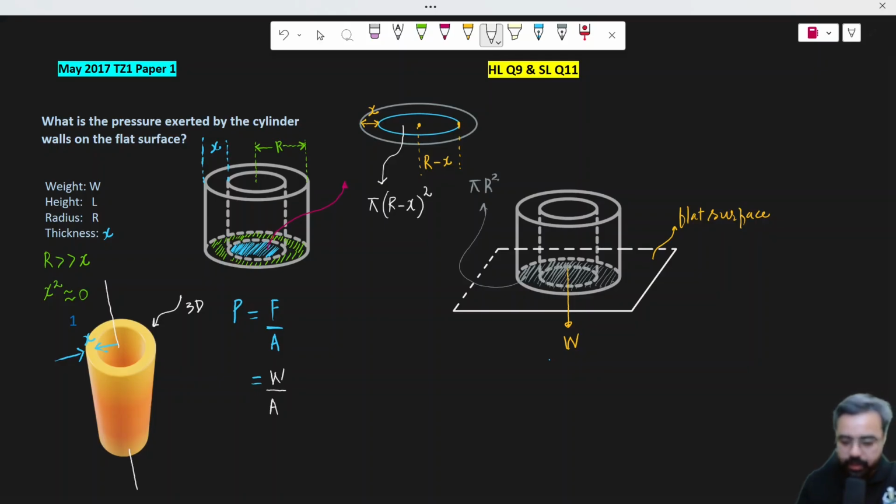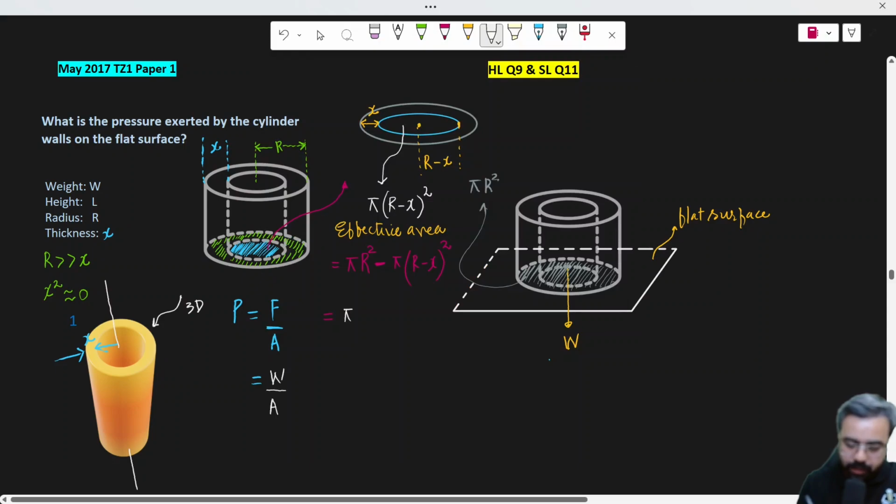So if you want to find the area of the effective part, which is exerting pressure, that should be the total area pi r square minus this area, pi into r minus x whole square.